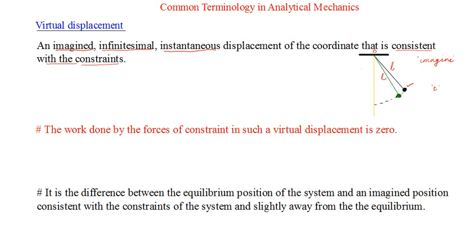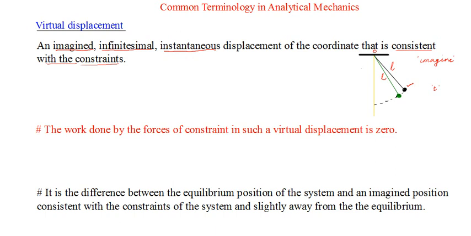So whatever displacement we can imagine without affecting the length of the string, and which is infinitesimal, meaning very small in magnitude, and also instantaneous, as I told you, because it is imaginary, is regarded as the virtual displacement.